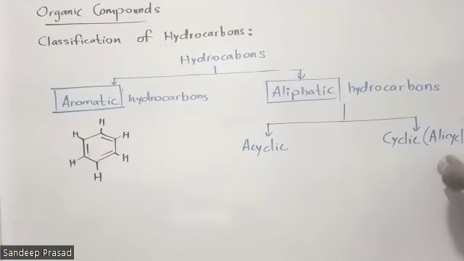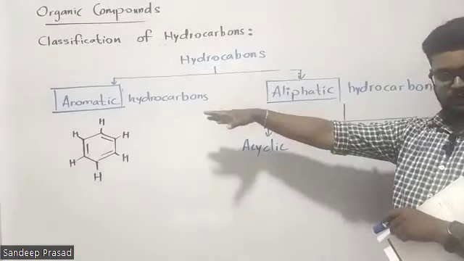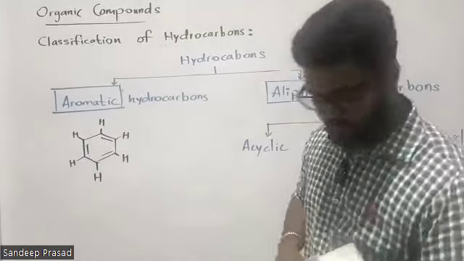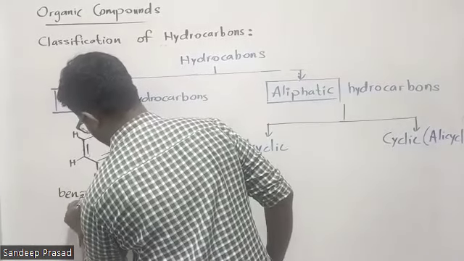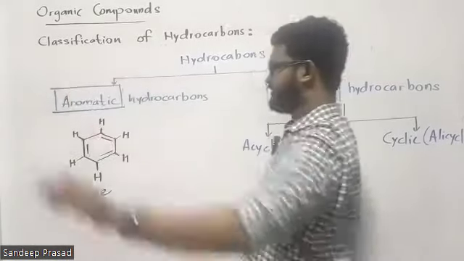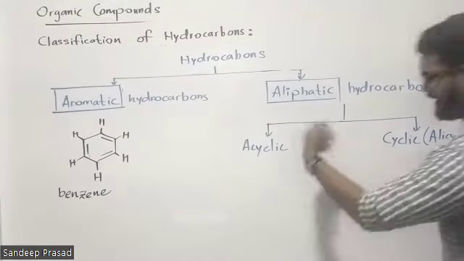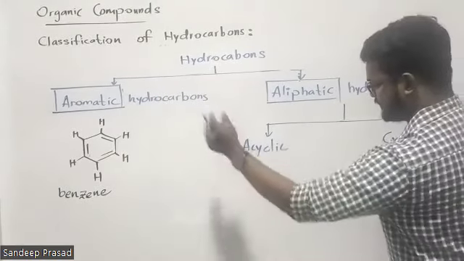Remember, students, you have to be familiar with these terms. Look at this one. Hydrocarbons are two types: aromatic hydrocarbons and aliphatic hydrocarbons. Under the aromatic hydrocarbons, we are going to discuss benzene and its compounds. That's all. Then under the aliphatic hydrocarbons, again we have acyclic and cyclic. Acyclic means open carbon chains.